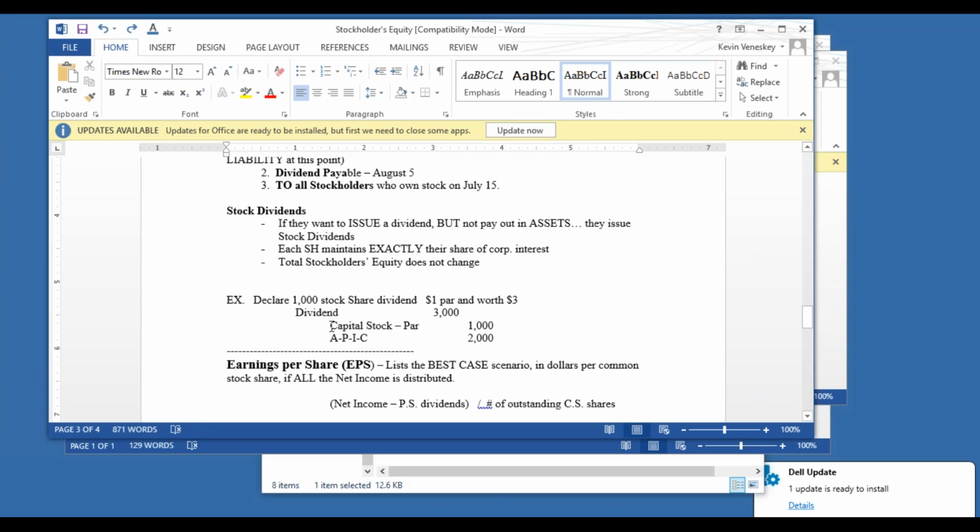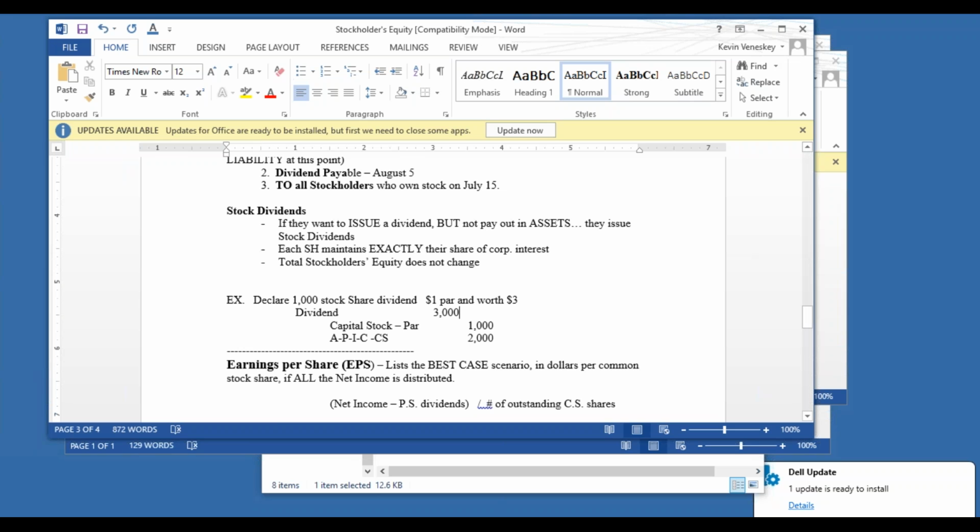The rest of the journal entry would be crediting my capital stock, because I'm actually issuing stock, $1 apiece at the par rate, $1 times 1,000 shares. And then the rest, to equal my debits here, is my additional paid-in capital for the common stock.